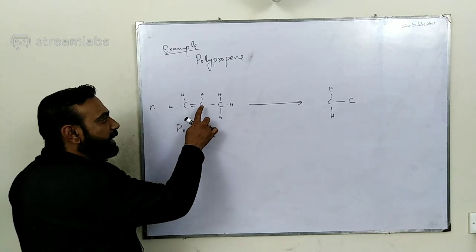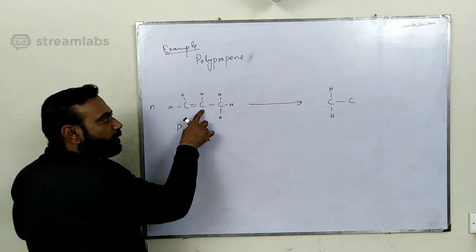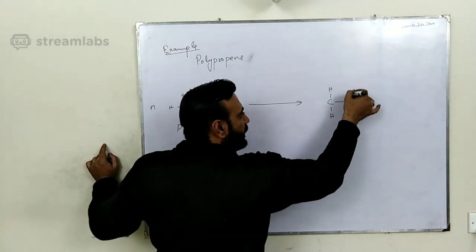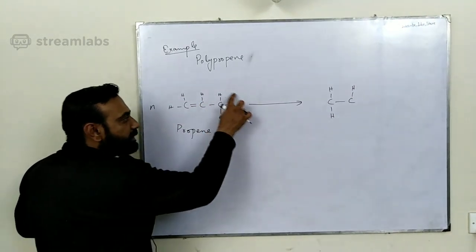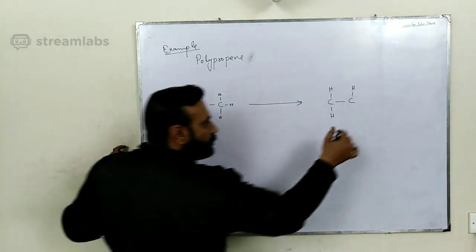Now let us take a look at the other carbon atom involved in the double bond. To one of its sides there is a hydrogen atom, so I can arrange the hydrogen atom at the top. To the other side there is a methyl group, CH3, so this entire CH3 would be shifted towards the bottom.